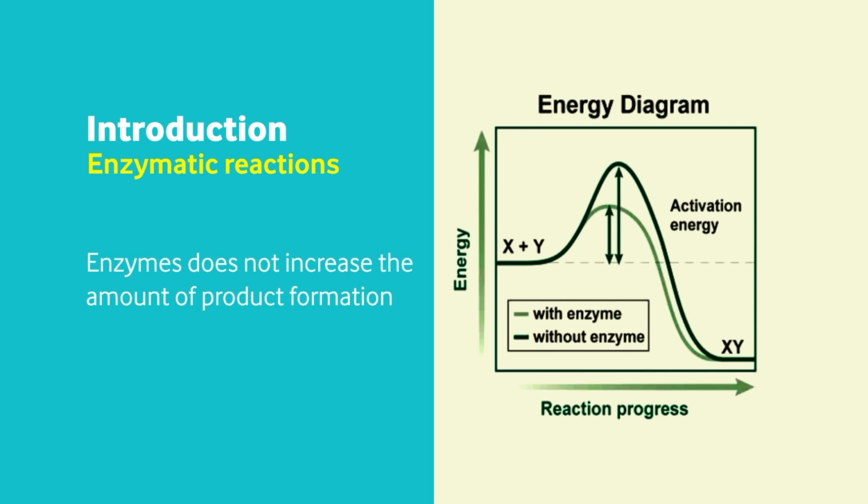That activation energy is reduced by the involvement of the enzyme. The enzyme does not increase the amount of product formation, and the enzyme does not get used up in the reaction. It just speeds up, or catalyzes, the reaction. So this is how the enzyme speeds up or catalyzes the reaction.